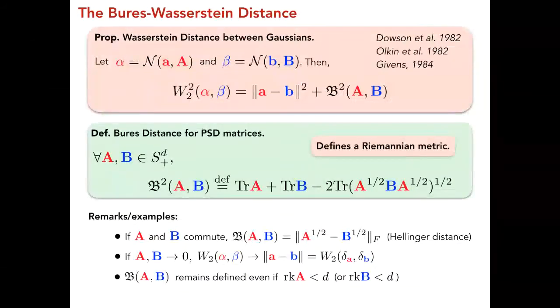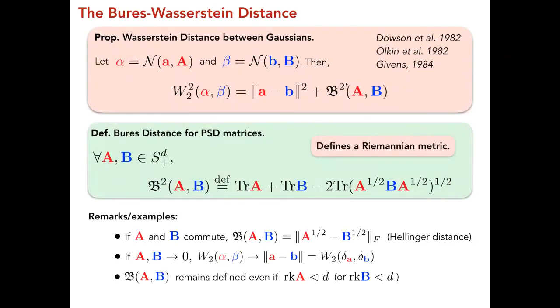If we have two Gaussian distributions, then the Wasserstein distance, so the optimal transport distance between these Gaussian distributions, can be decomposed as a term that corresponds to the distance between the means of the distributions and a term that corresponds to the distance between the covariance matrices of the distributions.